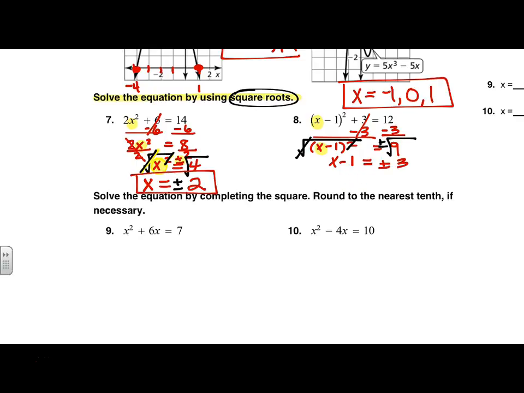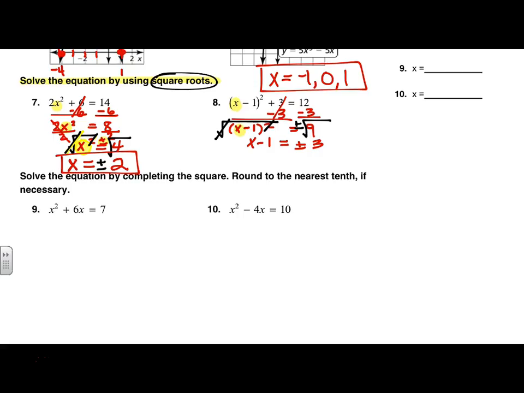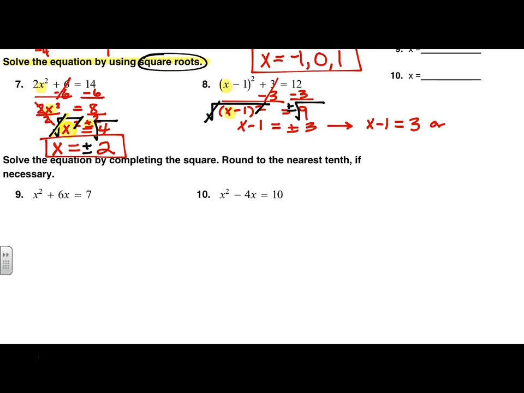Now, Angel said a second ago about the 2 equations. Does this problem need 2 equations to solve? Yes. So you can go ahead and go from this to x minus 1 can either equal positive 3 or x minus 1 equals negative 3. So we just have 2 little equations to solve.